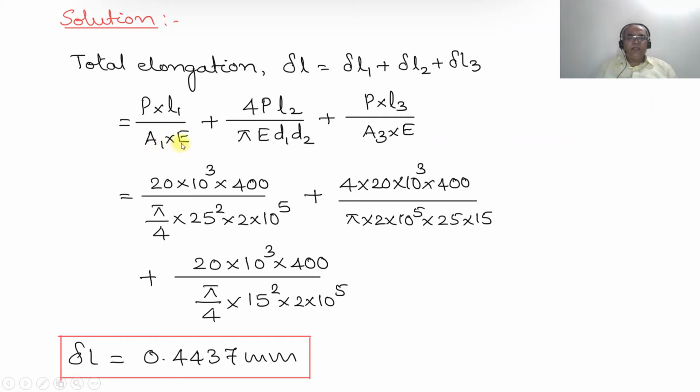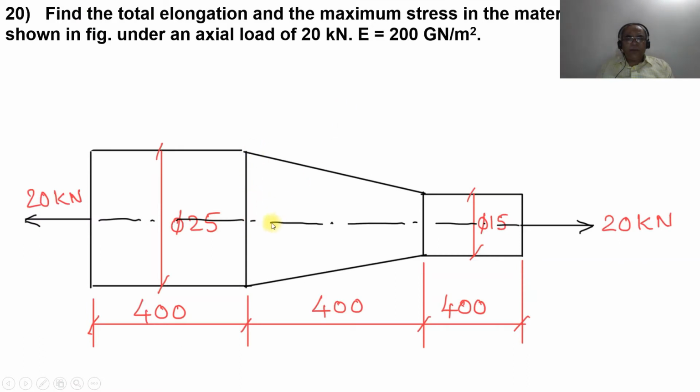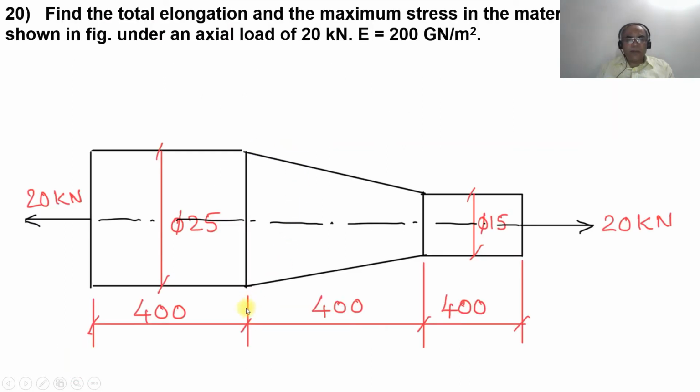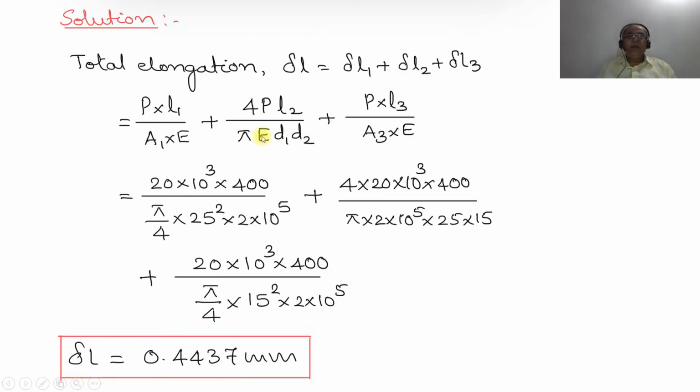Plus, for the tapering bar from the bigger end diameter D1 to the smaller end diameter D2, the equation is 4P into L2, because the length of the tapering bar is L2, which is 400, divided by pi into E into D1 into D2, where D1 is the diameter of the bigger end and D2 is the diameter of the smaller end.